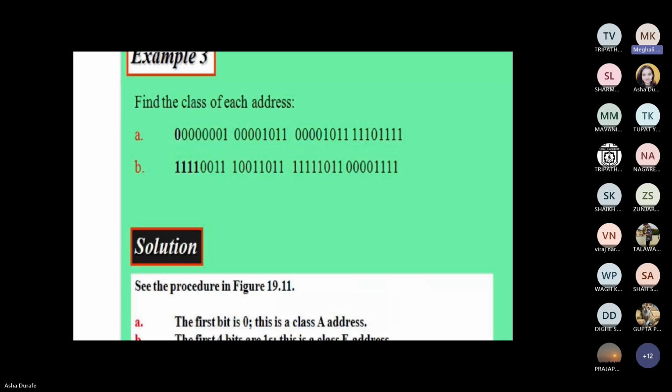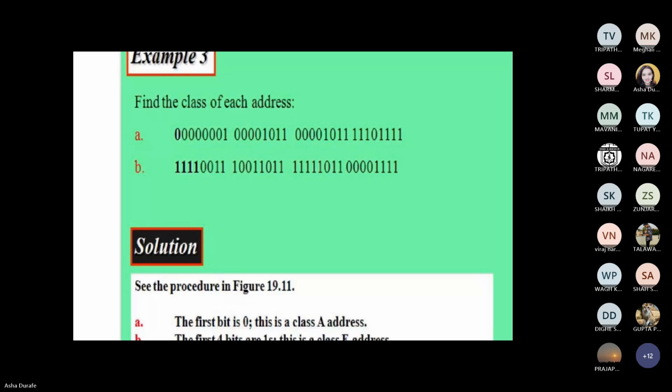Now you have to find out the class of each address here. Just by looking at the first byte, you have to understand the type of class. If you see in the first example A, the first bit of the first byte is 0.